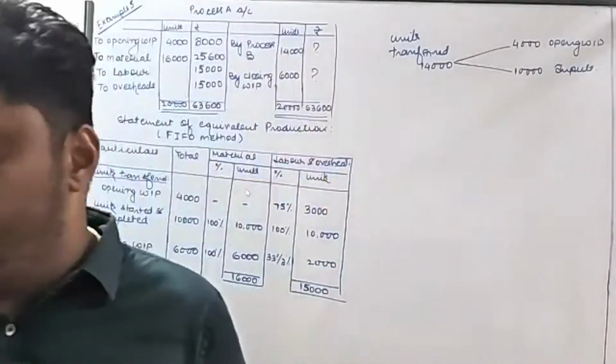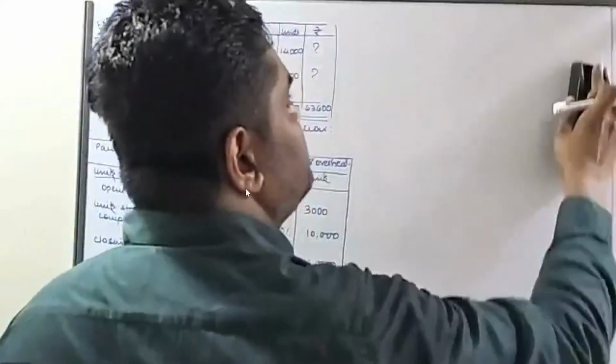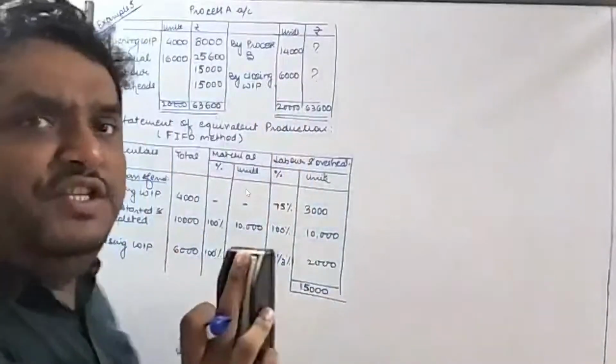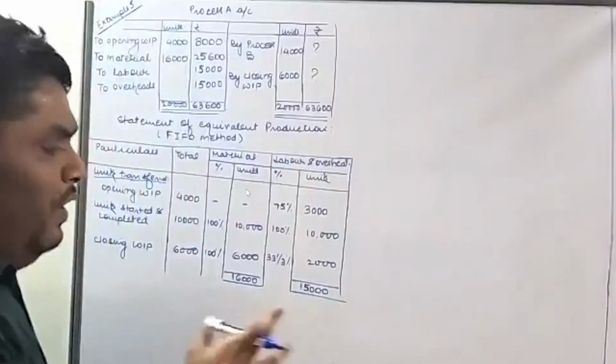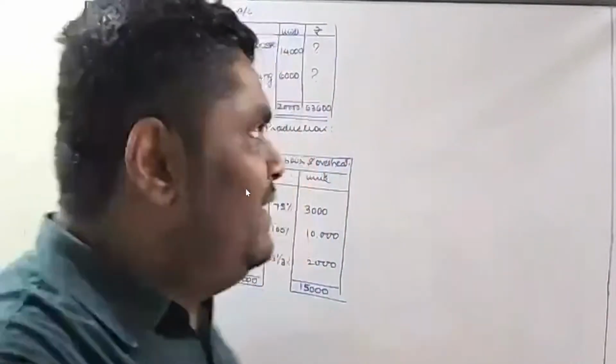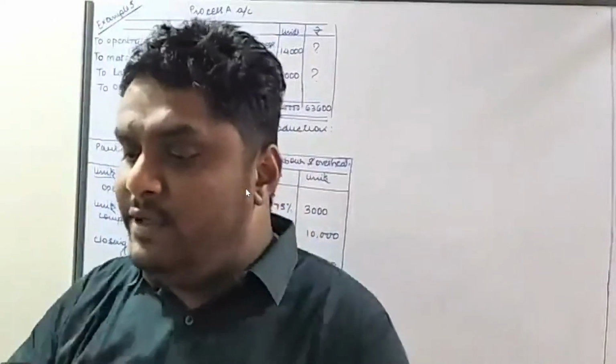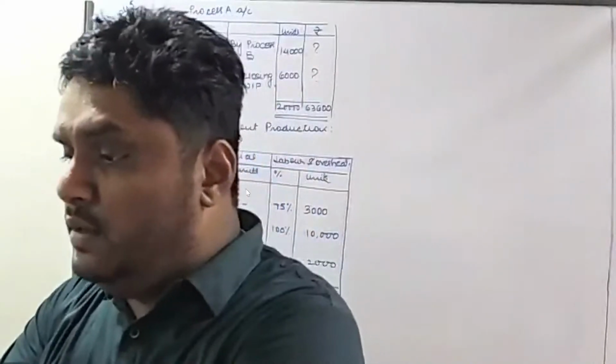Okay, great. So we are done with the preparation of statement of equivalent production. Now we have got the equivalent number of units. Now the next step we follow is to calculate the cost per unit. So let's calculate the cost per unit.